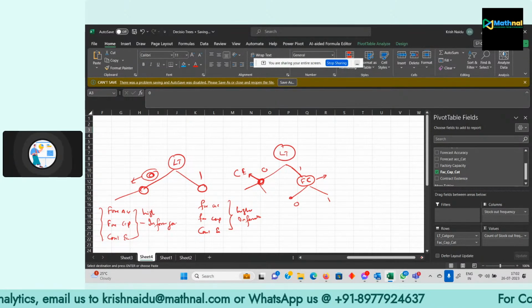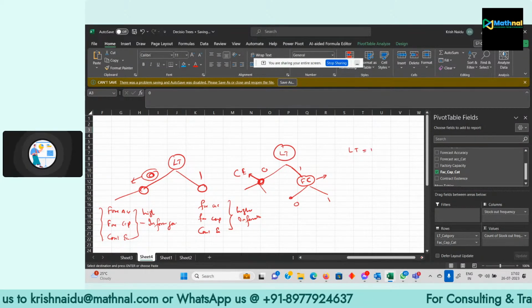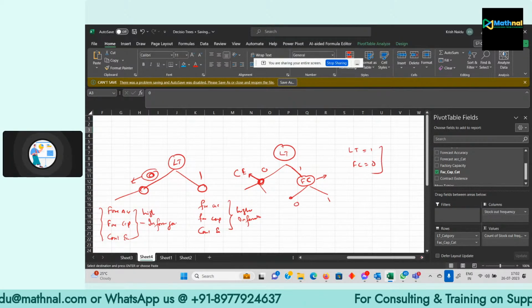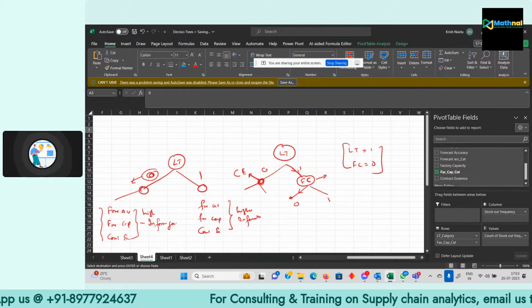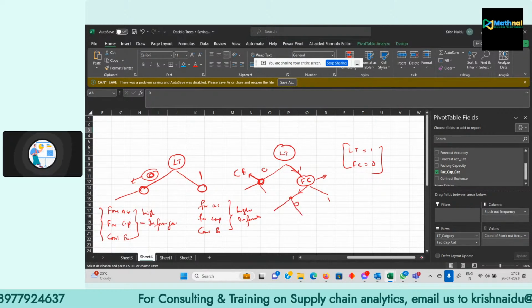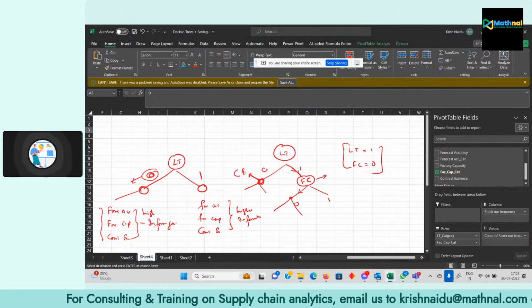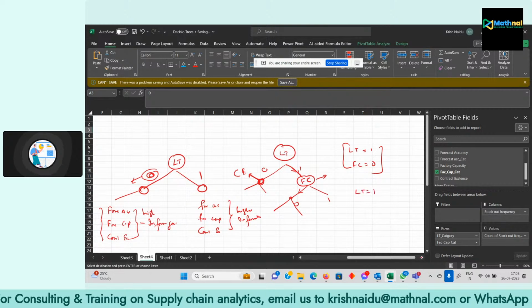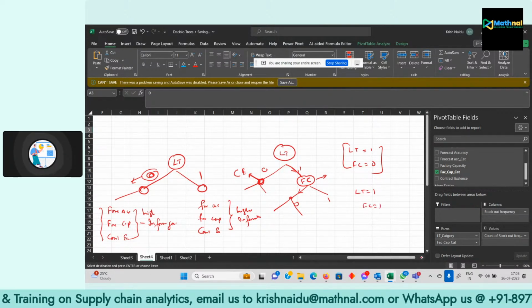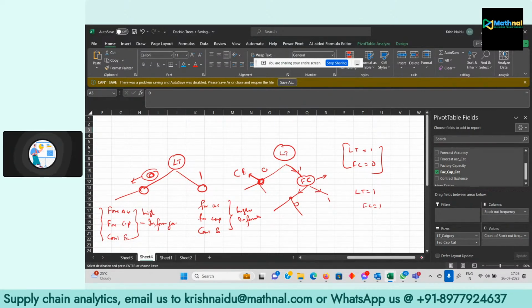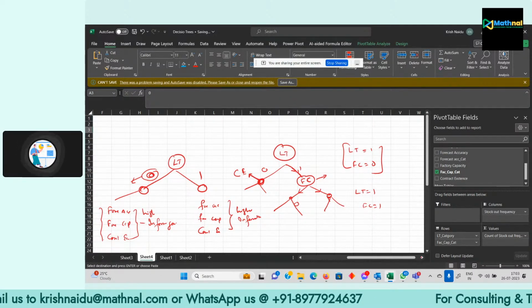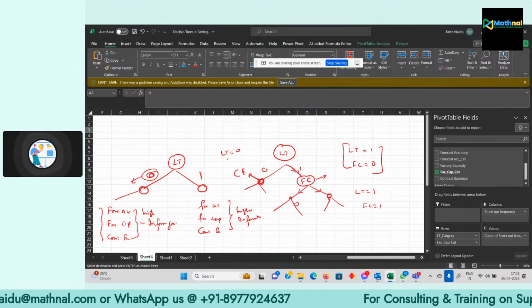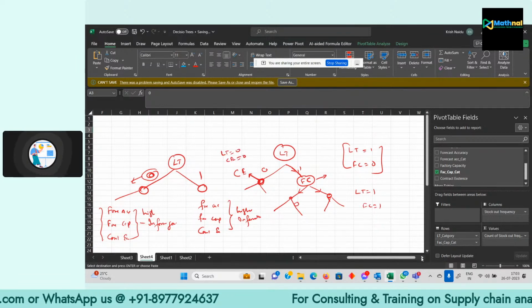Suppose lead time is 1 and factory capacity is 0. This is a branch. Under this, we are going to build our next tree based upon the information gain. Lead time is equal to 1, factory capacity is equal to 1. This is a branch, and under this we're going to build our next tree. Similarly, here lead time is equal to 0 and contract existence is equal to 0.